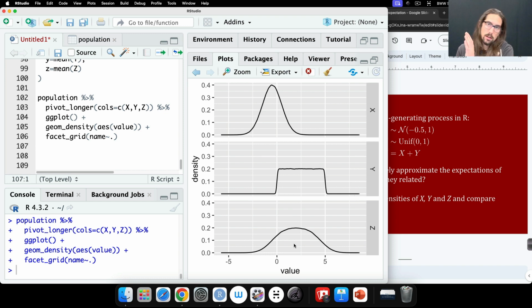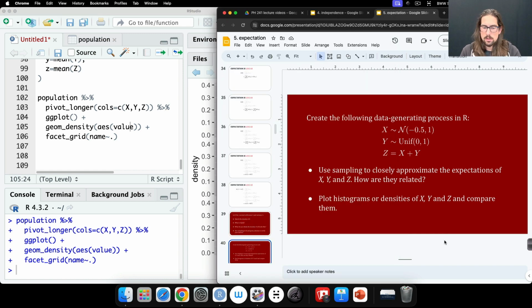So I'm shifting it over because these are all positive numbers, but I'm also spreading it. So that's not totally all related to expectation, but it's hopefully helpful in terms of thinking of transformations of random variables, adding and subtracting random variables, things like that, how that changes distributions.